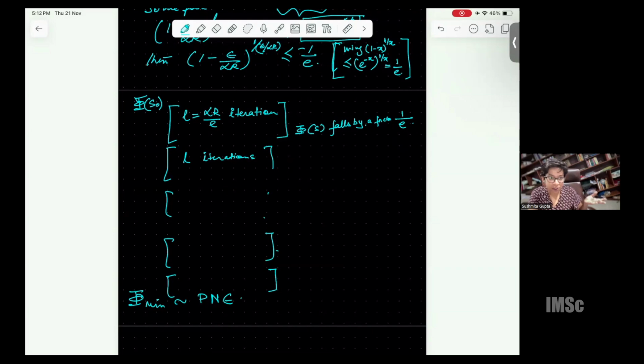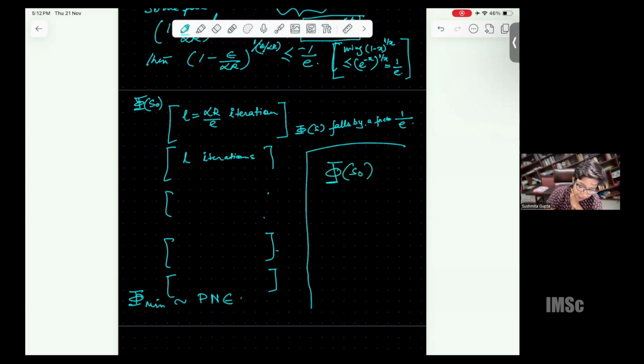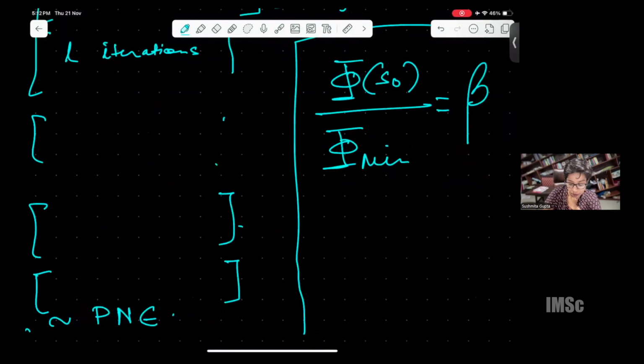If I take the ratio of phi s0 by phi min, what do I get? Let's say they divide exactly. I get this value beta, which tells me how many times phi min divides into phi of s0. So starting from phi of s0, to get to phi min, I have to shave off this factor beta, correct?